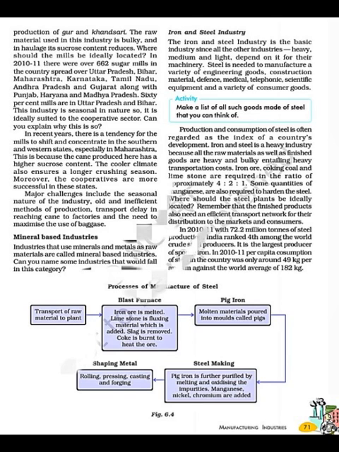Bagasse is fibrous matter which is left after the sugarcane is crushed. We can put it to other uses. It can be used as a fuel, or to make paper, or as a biofuel. So we have to maximize the use of bagasse. It should not be thrown here and there, rather we should utilize it.